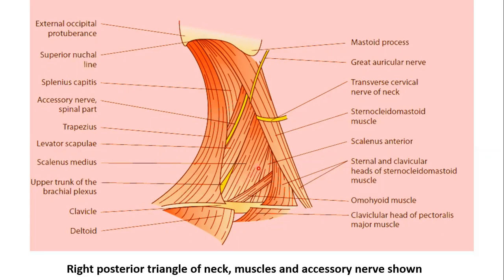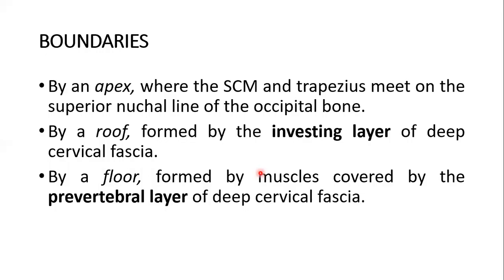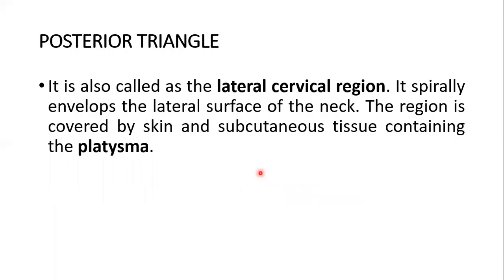Between the scalenus anterior and scalenus medius emerge the brachial plexus trunks. All 3 trunks emerge here. Also present superficially in the posterior triangle is the platysma muscle.